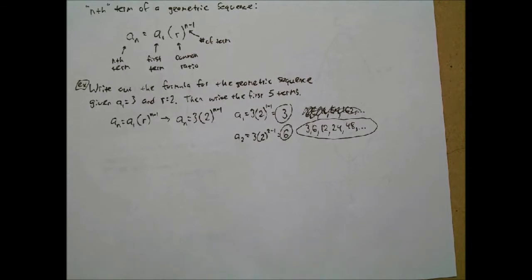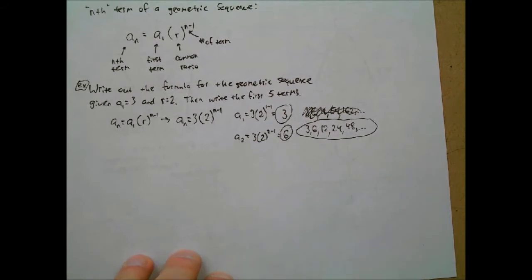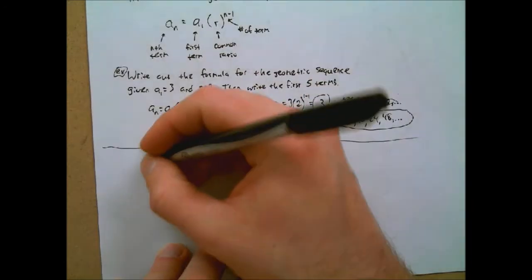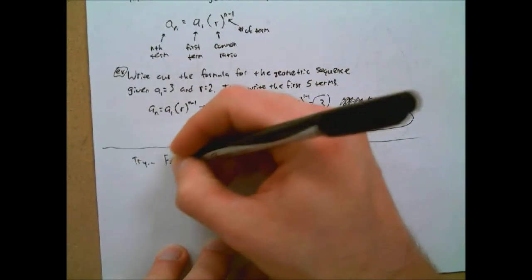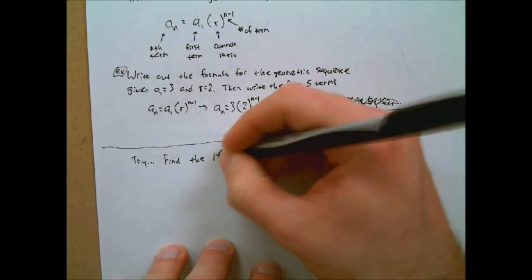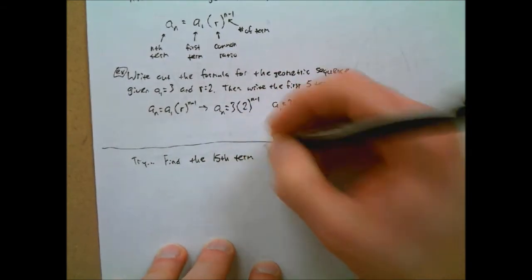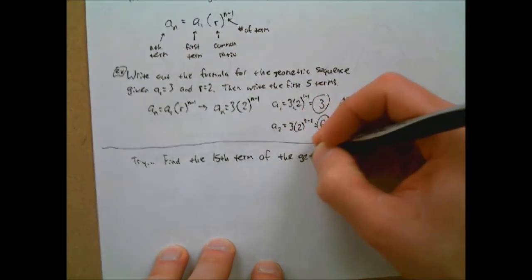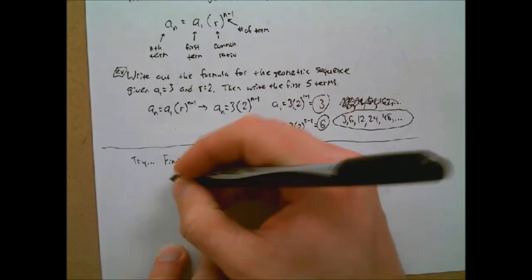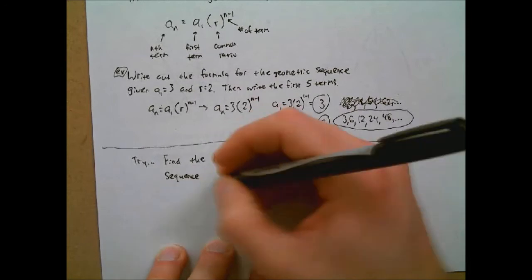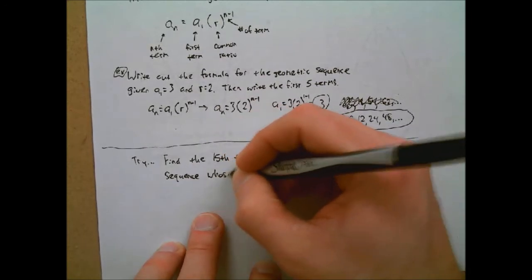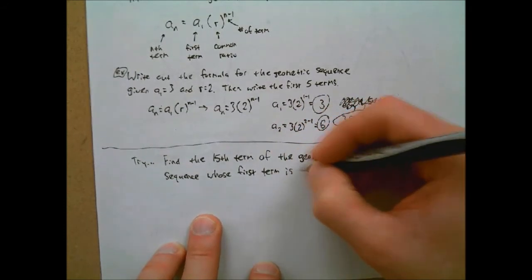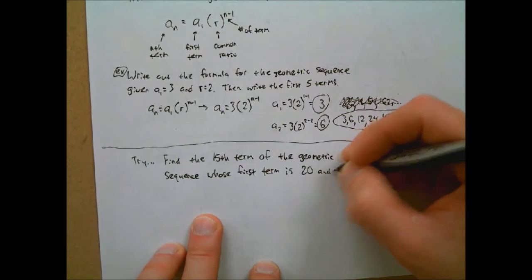All right, questions on that? Straightforward enough for you? Okay, so then, for you to try, find the 15th term of the geometric sequence whose first term is 20 and r equals 1.05.